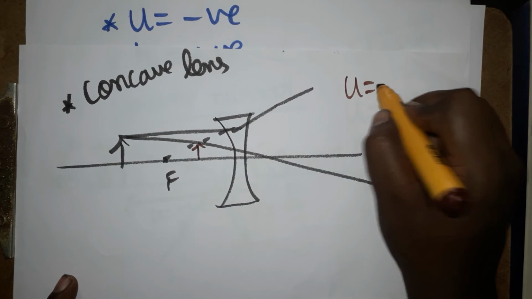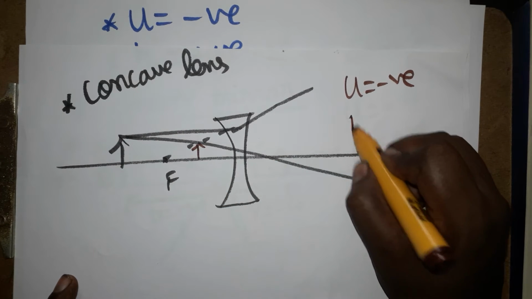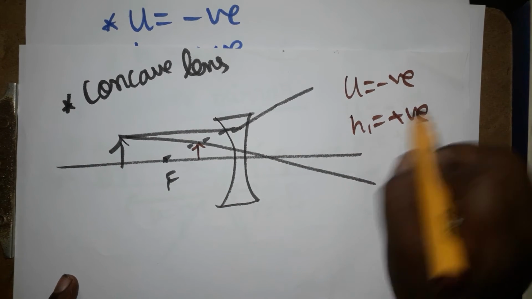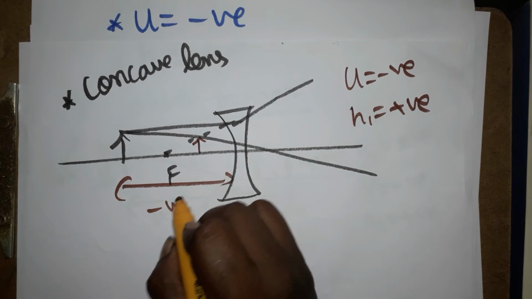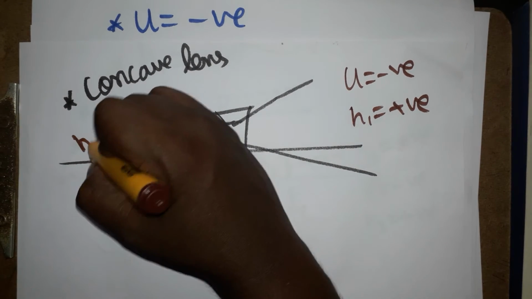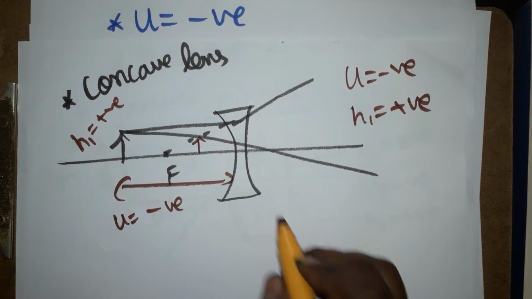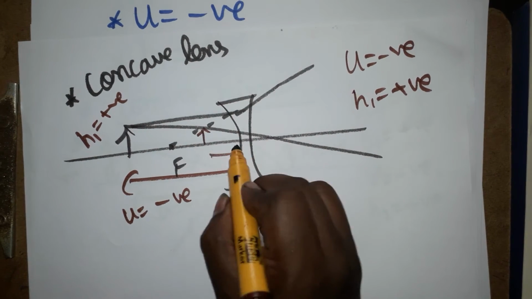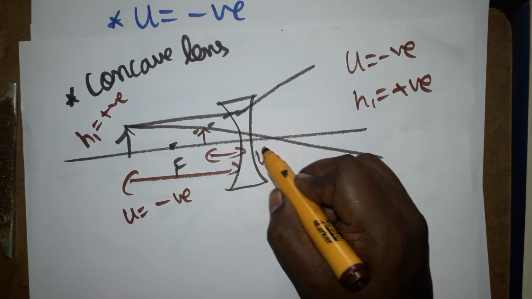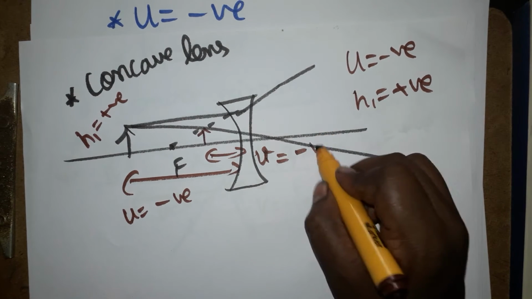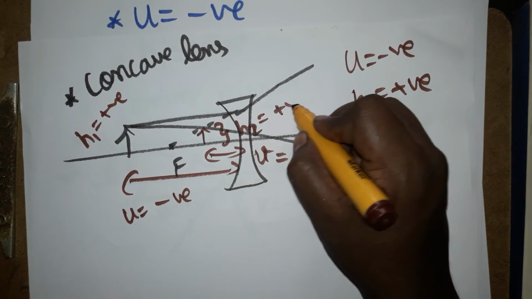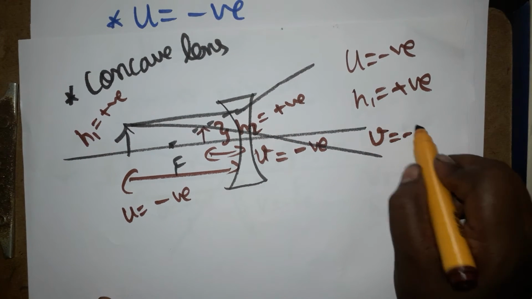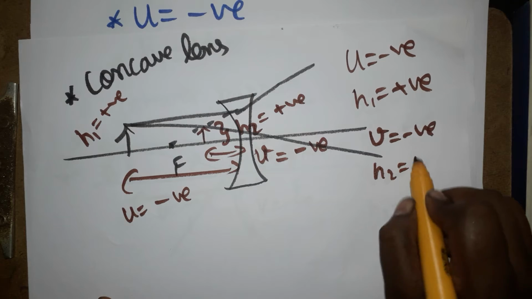U I already said is negative, in whatever case h1 will be positive always. These two conditions will be followed always, u will be negative, h1 will be positive. Now image distance v is going to be negative. Image height is going to be positive. So v will be negative, h2 will be positive.